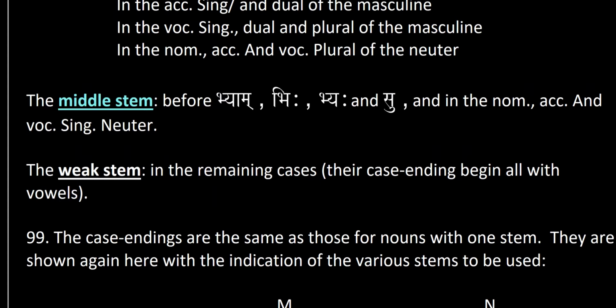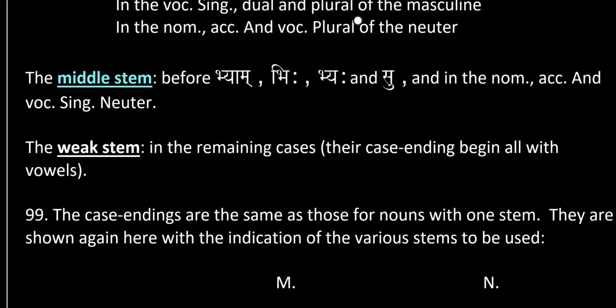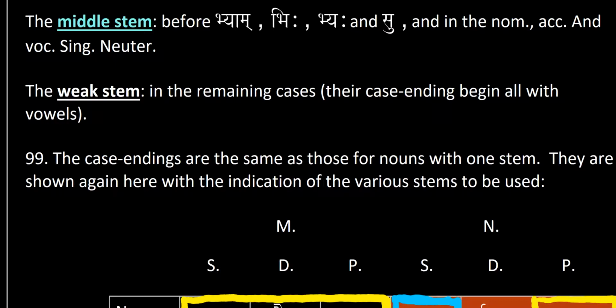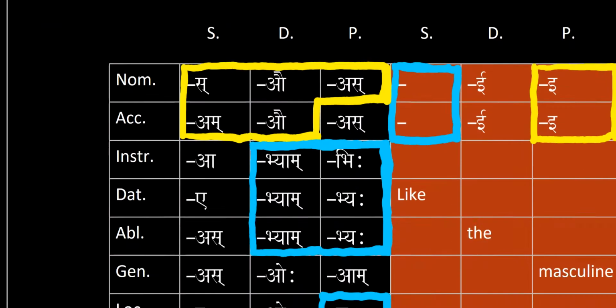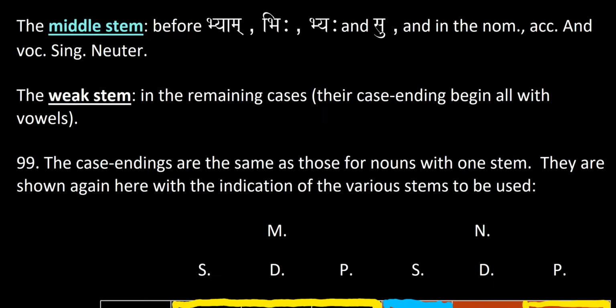It doesn't matter which gender you're talking about: anything with a case ending of bhyam, bhis, bhyas, or su, you want to use the middle stem. And also in the nominative, accusative, and vocative singular of the neuter.